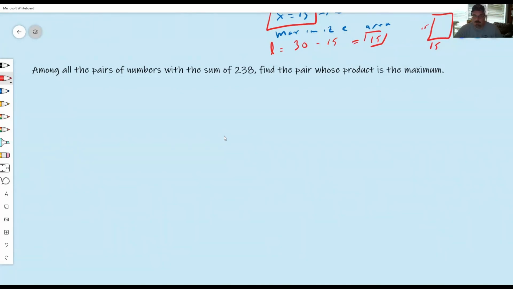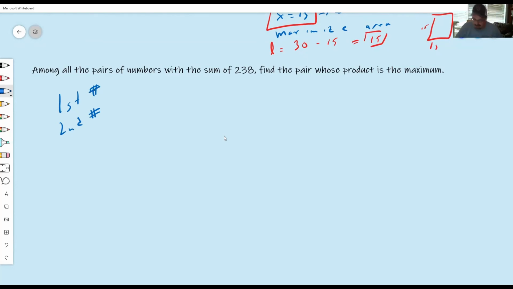All right. So among the pairs of numbers with a sum of 238, find the pairs whose product is a maximum. So I have two numbers, right? And for simplicity, we'll call it first number and the second number.